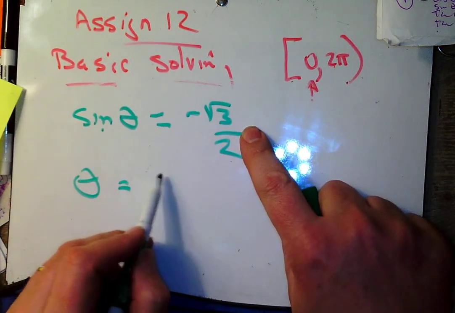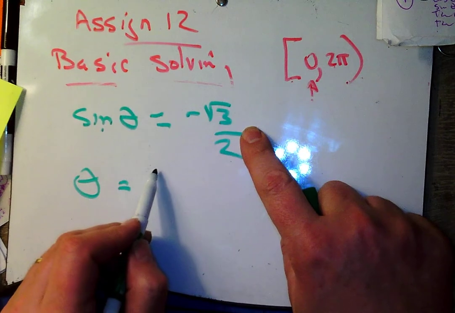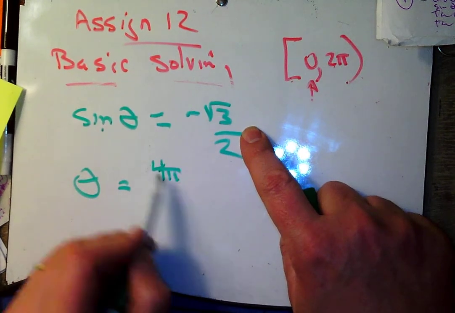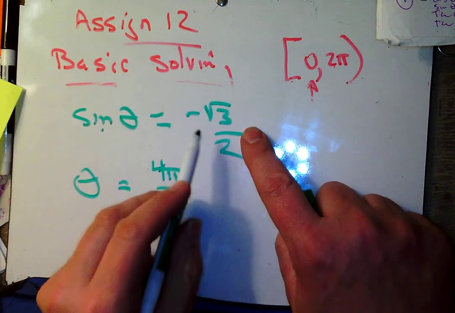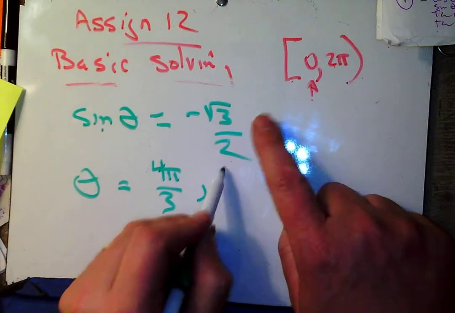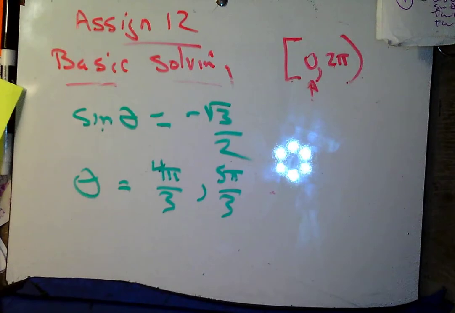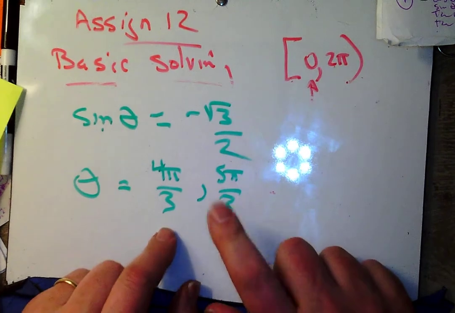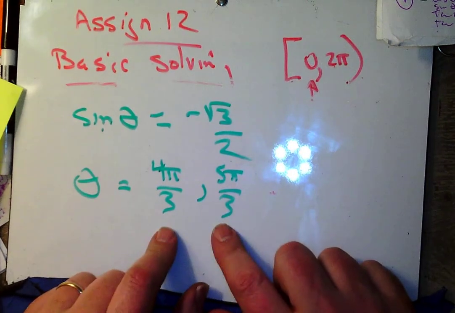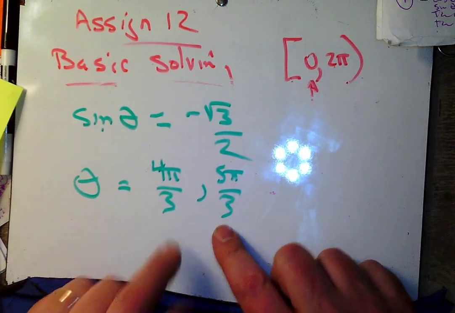Once in third quadrant, so theta would be 4 pi over 3. And a second time in fourth quadrant, 5 pi over 3. If I don't have my unit circle memorized, really memorized, I'm probably not going to have an easy time coming up with these answers. Okay?